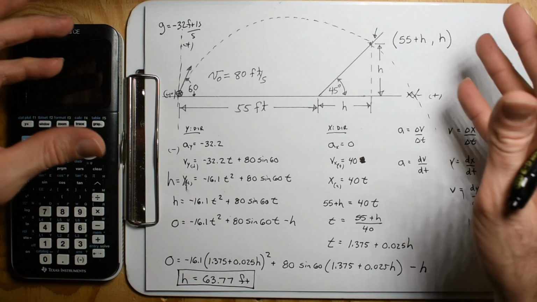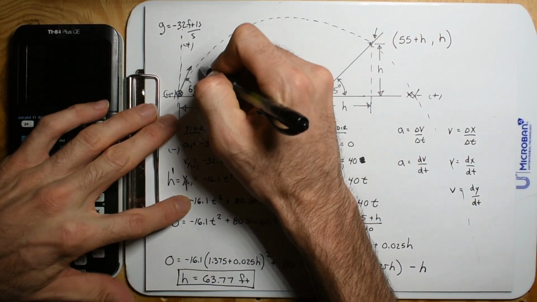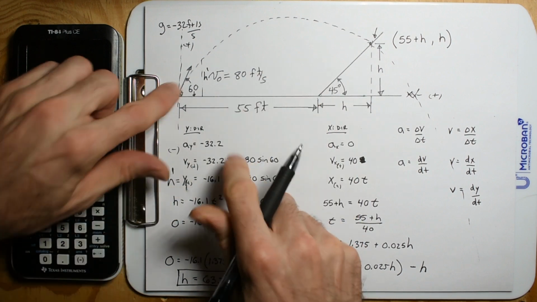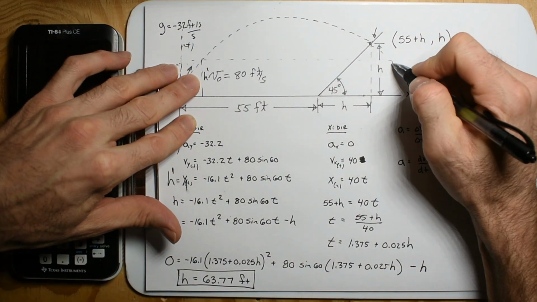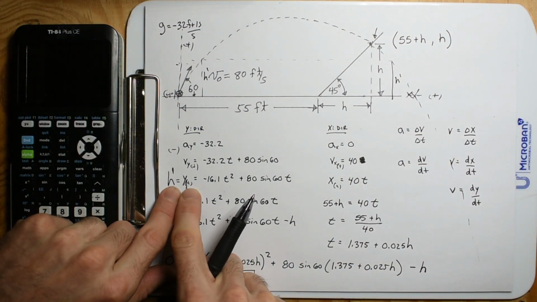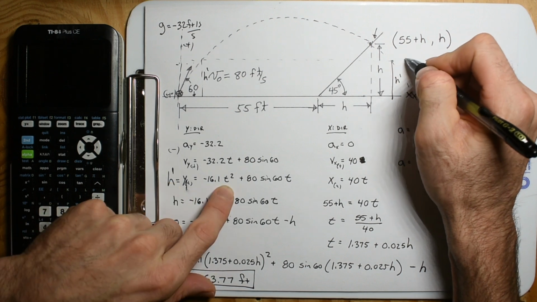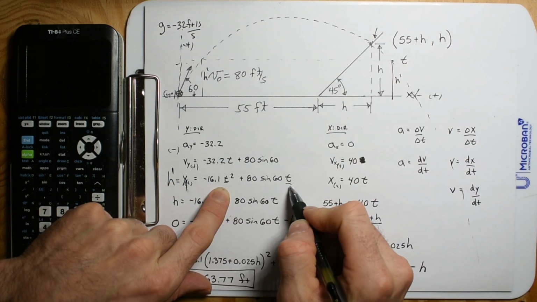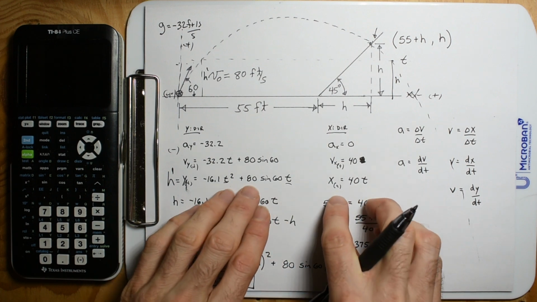If I just pick some sort of height, let's call it h prime, then h prime is going to happen there, and if the grandstands aren't in the way, h prime is going to happen there. You know what I mean? So that's what this equation says. It says that if I throw in some value of h, I can figure out the time that's going to happen.